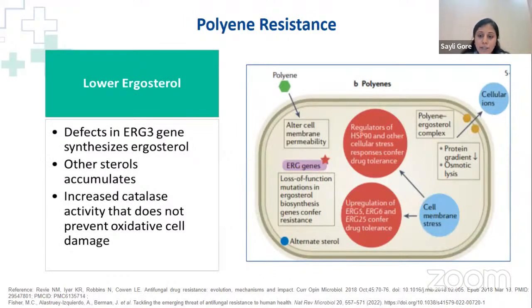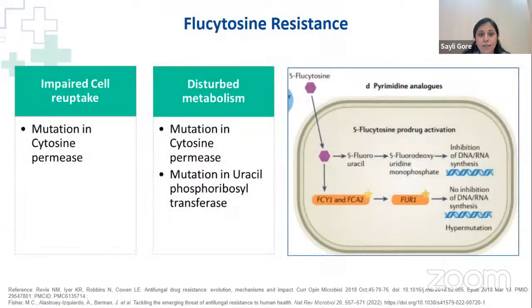There is a cell membrane stress, and along with ergosterol, many other sterols are also accumulating, which causes polyenes to complex with them, and hence they fail to act. Then there is flucytosine resistance, where the mutation in cytosine permease is responsible for causing the resistance. And flucytosine resistance develops very rapidly, so it is not used as monotherapy.